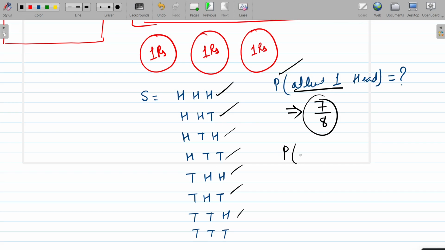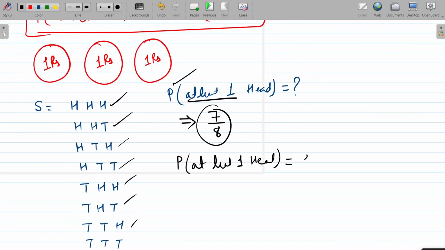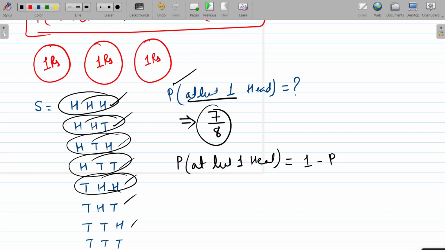At least one means either one, two, or three heads, so all seven cases are considered.